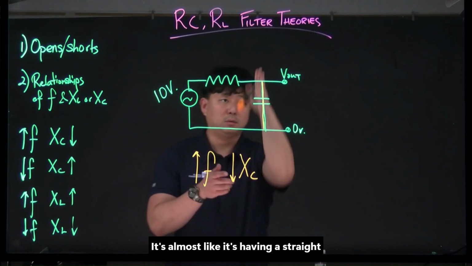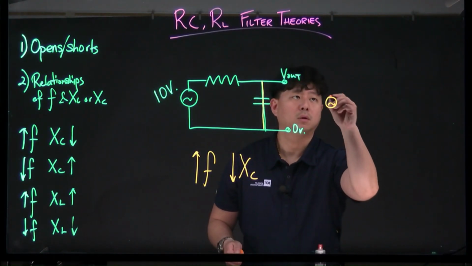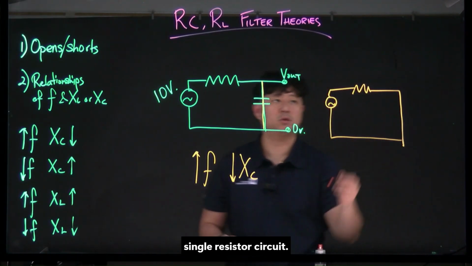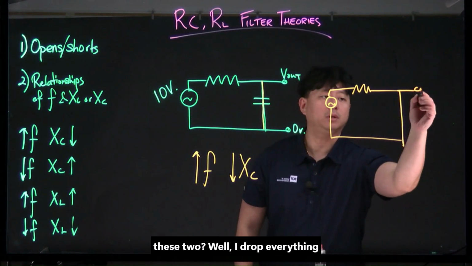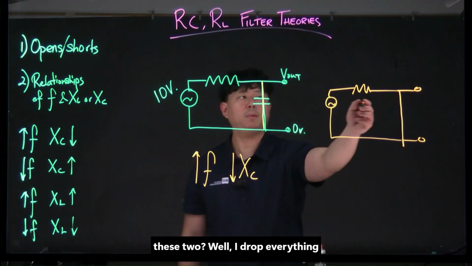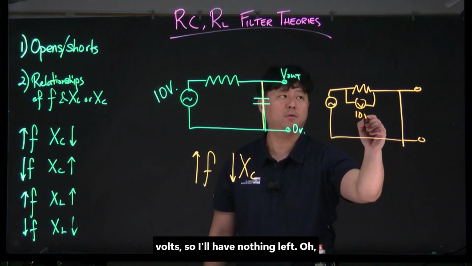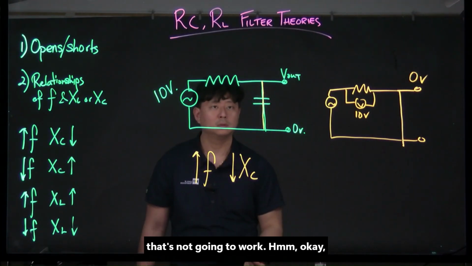It's almost like having a straight wire, like a single resistor circuit. What is going to be my output between these two? Well, I drop everything across this resistor. It's going to be 10 volts, so I'll have nothing left. Oh, that's not going to work.